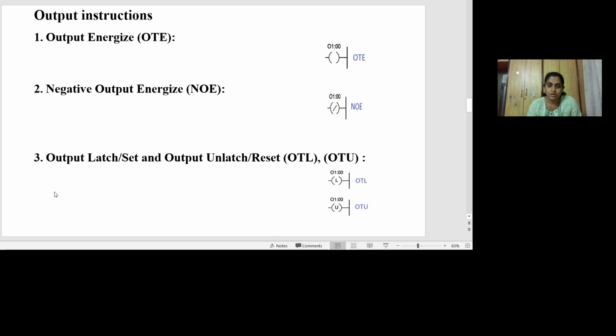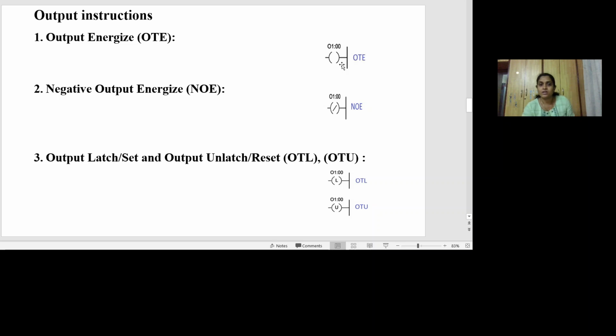So here we have three types of output instructions. The first one is the output energize, also known as OTE instruction. Here you see the link. This is the left link, and this side is called the right link. If the condition of the left link of the OTE is turned on, then this output device remains set.